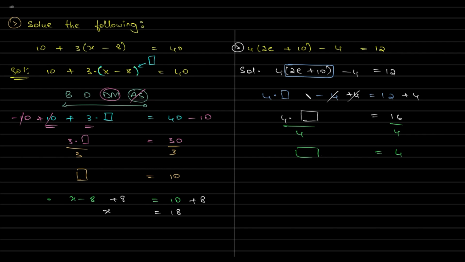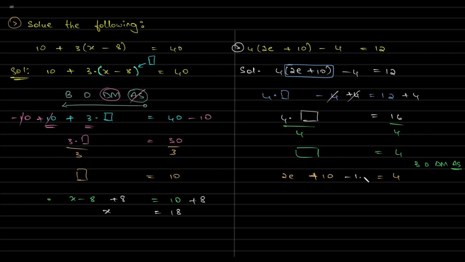And inside the box we have 2e plus 10, because there's nothing else to solve over here. I can resubstitute whatever was in the box. What is the next step? Again, this is a new question. Just use BODMAS over here as well. As per the reverse of BODMAS, we need to handle the addition and subtraction first.